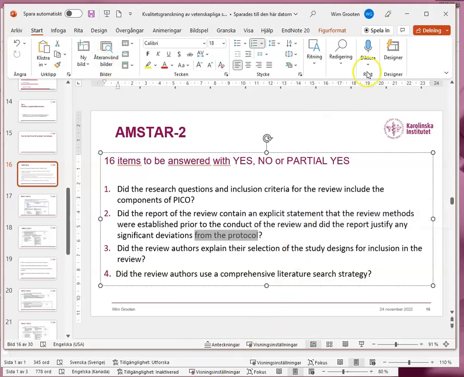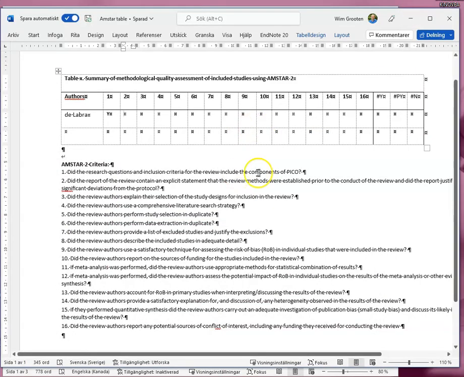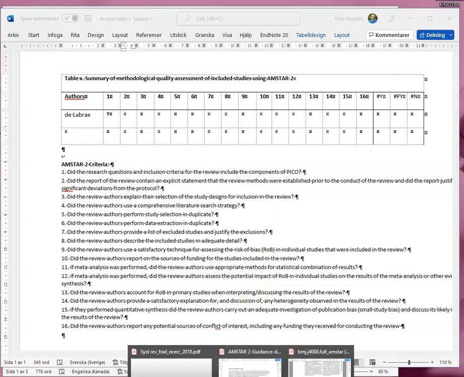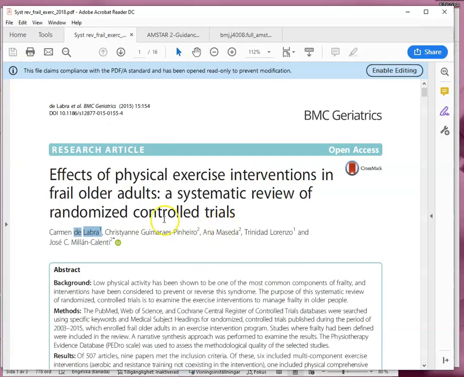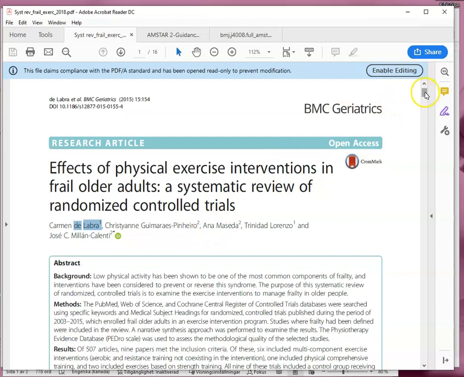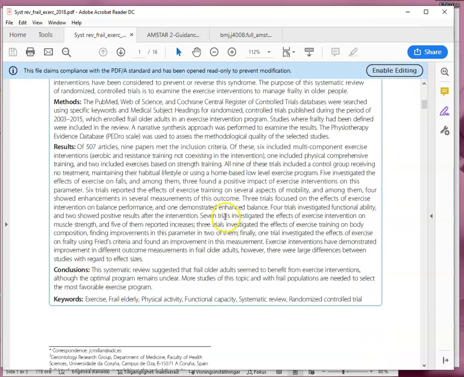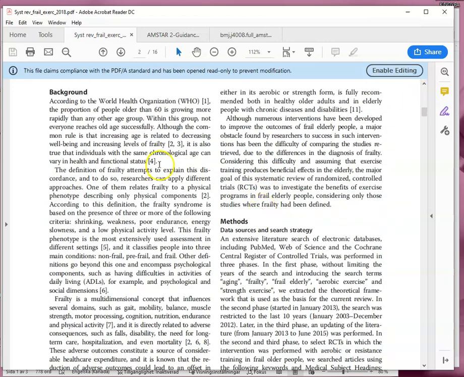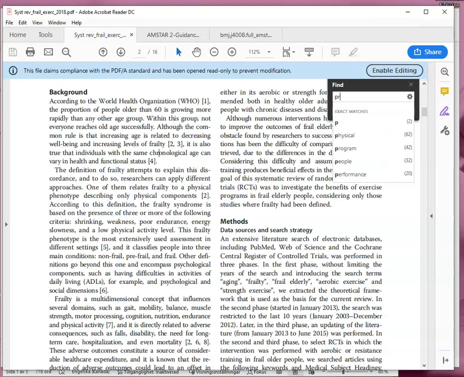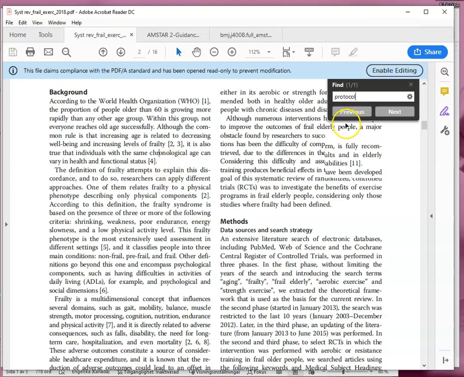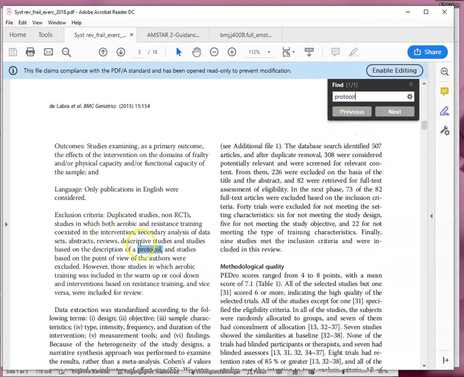Okay, let's try to find a protocol. So let's go to the paper one more time, and they should write something about protocol. Maybe you can search with Ctrl F and find something with protocol. Okay, here, protocol: exclusion of studies based on the description of a protocol.